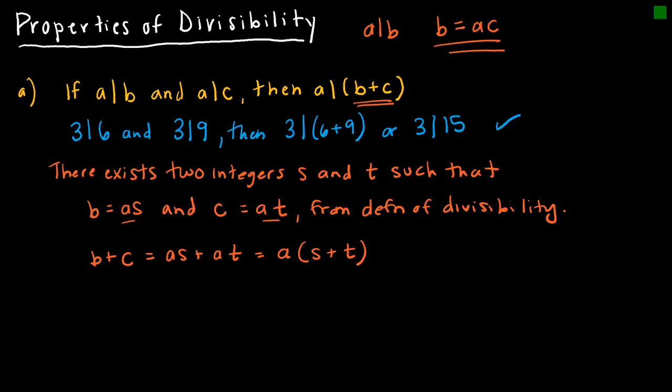Because it's written in this format, b plus c is equal to a times some integer. I could replace s plus t with some integer, but it doesn't matter because it's already in the correct format. Therefore, I have shown that the property is true.